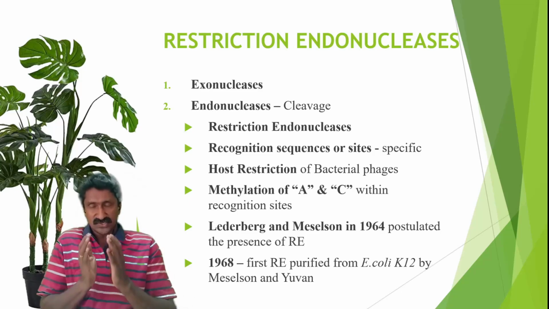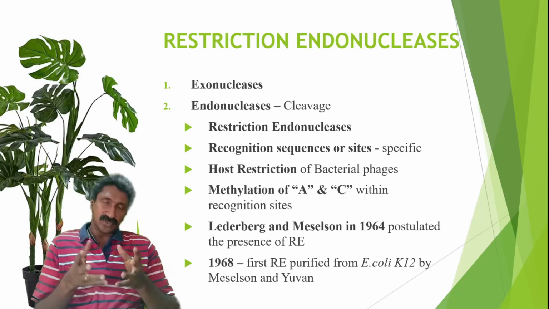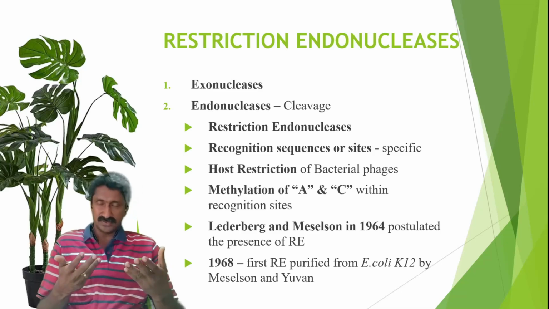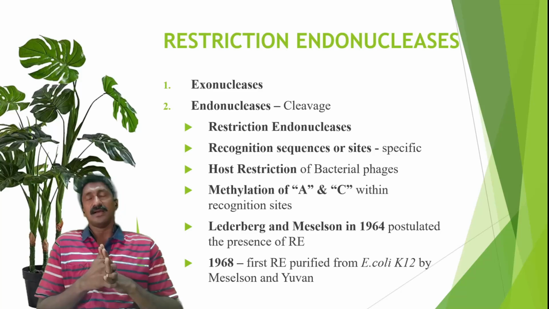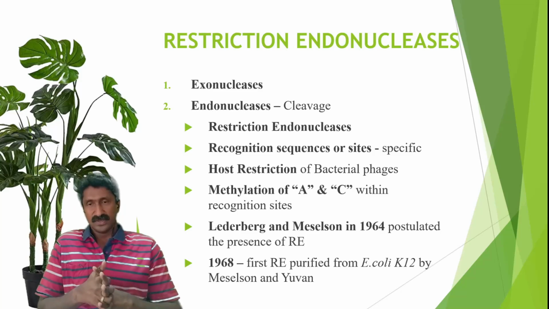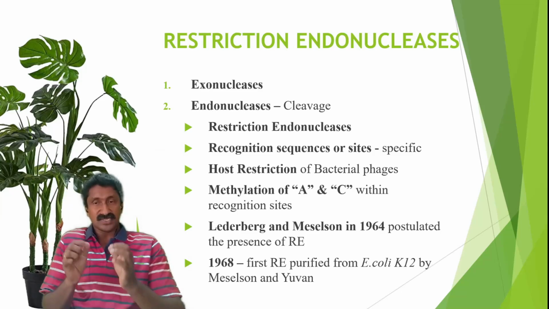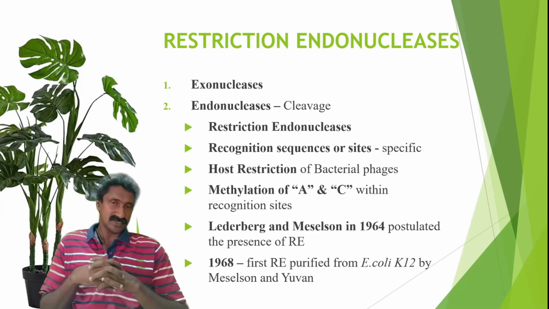So the host cell restriction mechanism identifies the methylation pattern of the new incoming DNA, and it subsequently cleaves the foreign DNA if it doesn't have the same methylation pattern. The restriction endonucleases were specific to that particular site because it follows the same methylation pattern.